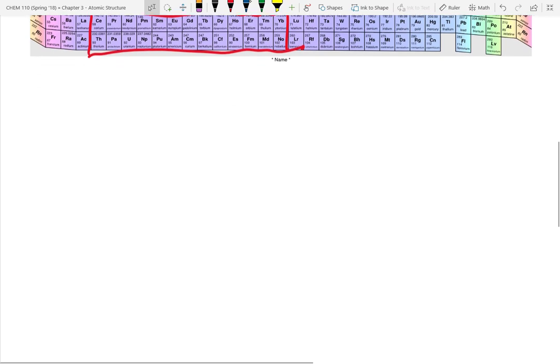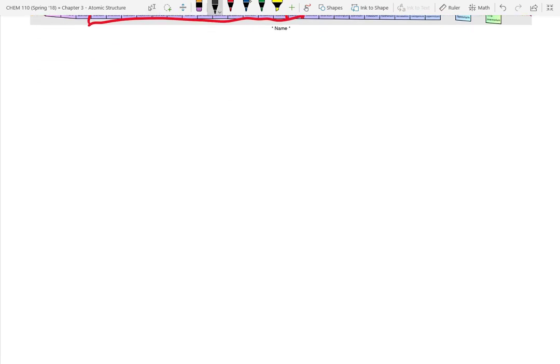All right, a couple more things. One thing I refer to often when I'm looking at the periodic table is the group. And if you remember, a group is something like 1A, 2A, 3A, etc. And these are always arranged in vertical columns.